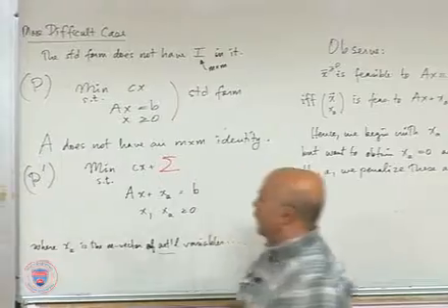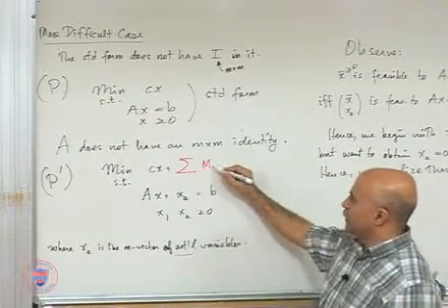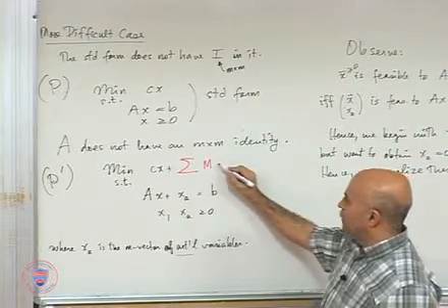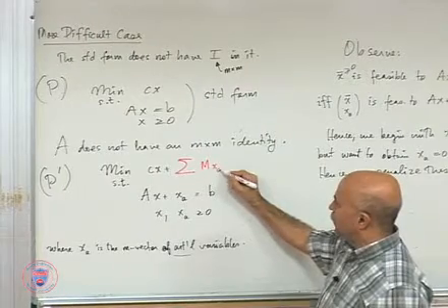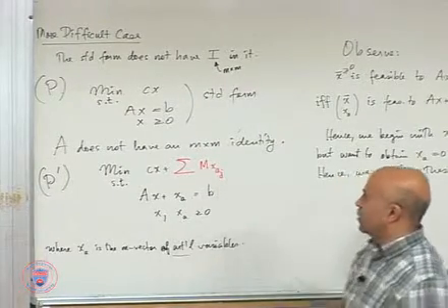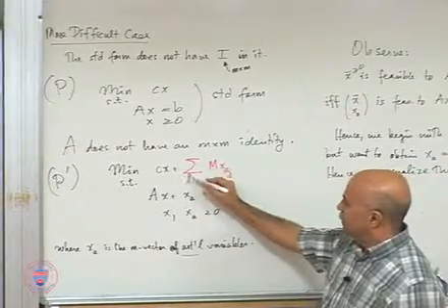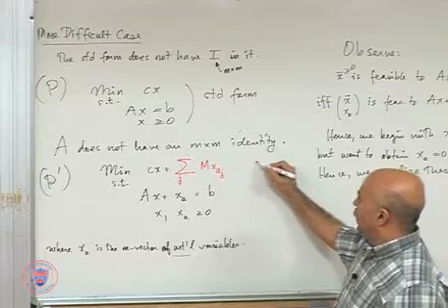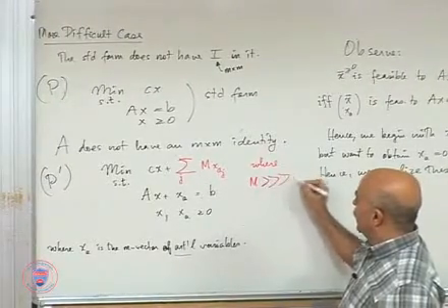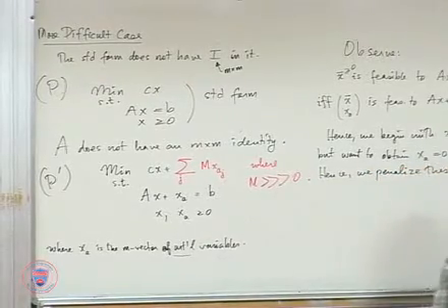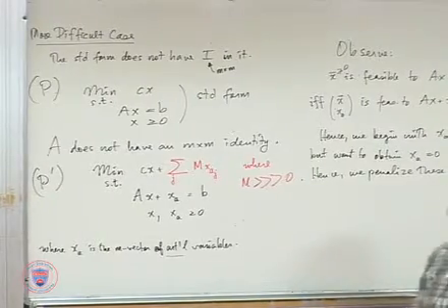the following. You add a very large positive number M times the artificial variables, say, let's call them x sub a sub j, where M is a very large positive number, as large as your computer can take, for example.